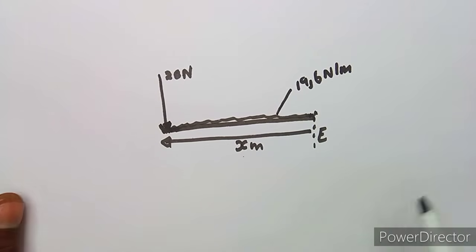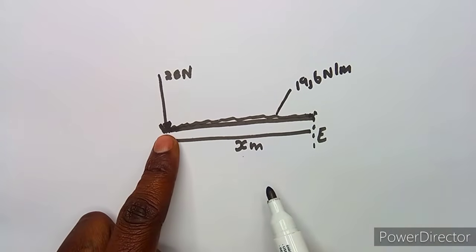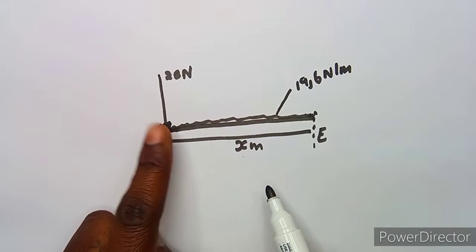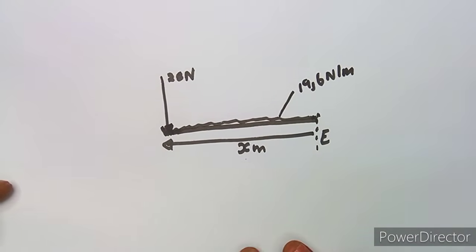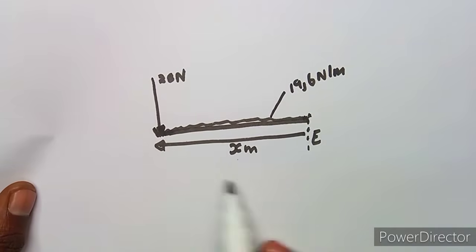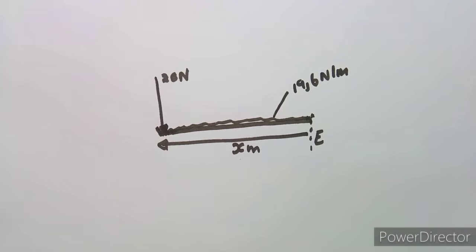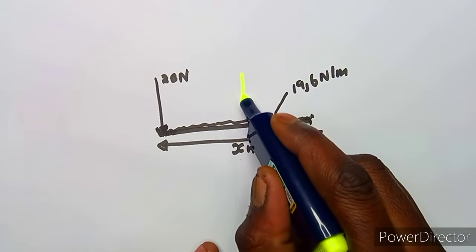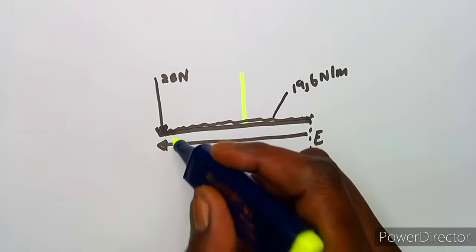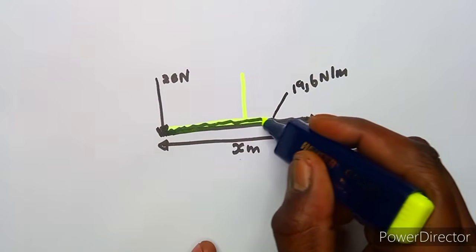As we can see, we are given a downward force, this one. So we can play around with something of this nature to say, let's say we know the distance is there. We are going to divide into 2, because this is where we have our distributed load.